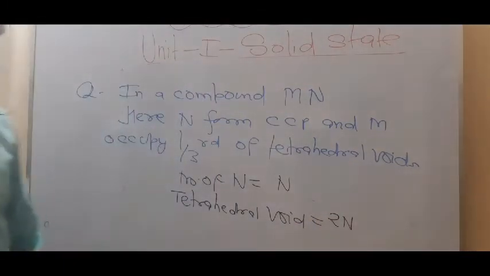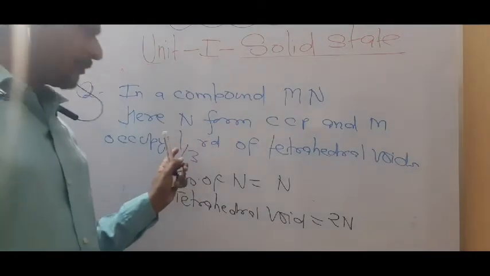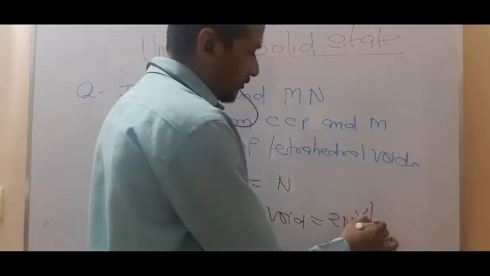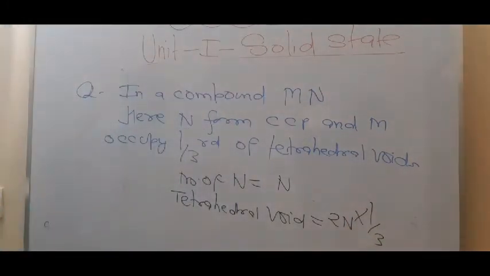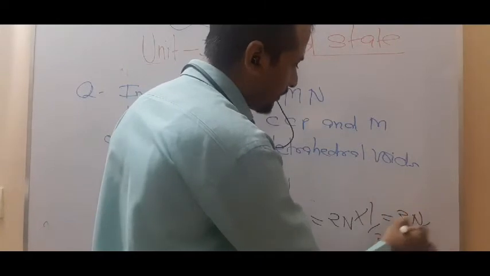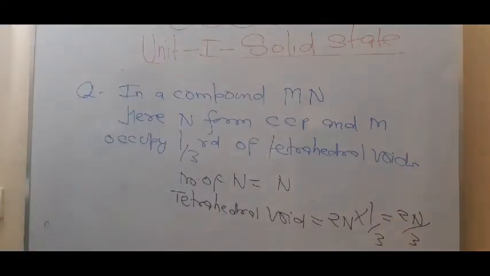But now, the total number of tetrahedral voids occupied is 1 by 3. Are you getting this point? So the total number of tetrahedral voids occupied is 2n divided by 3. Now you can find the ratio.